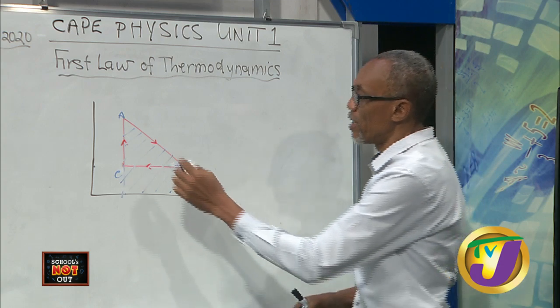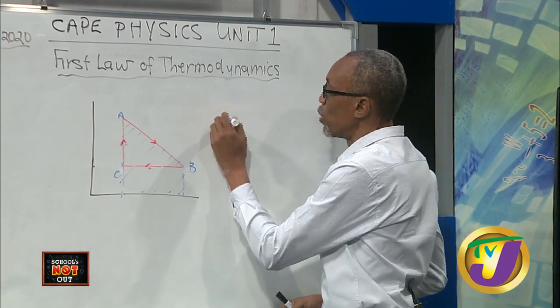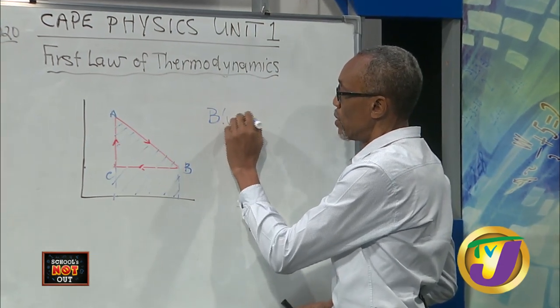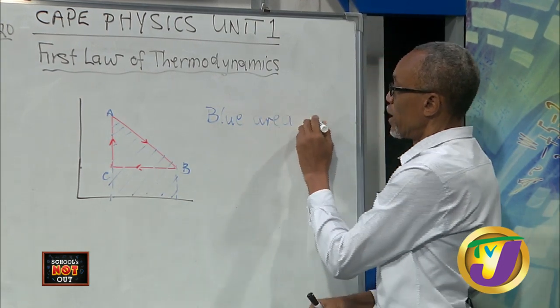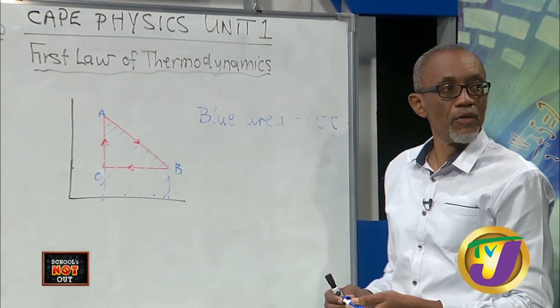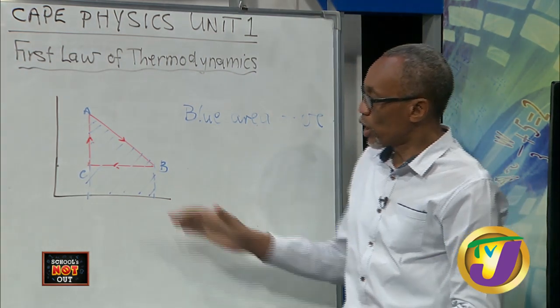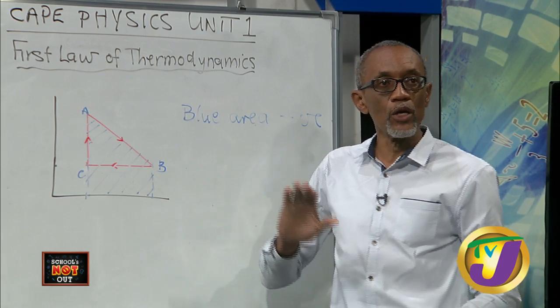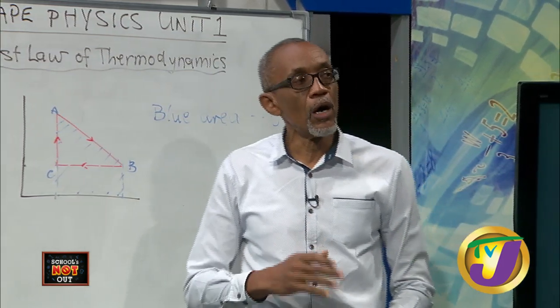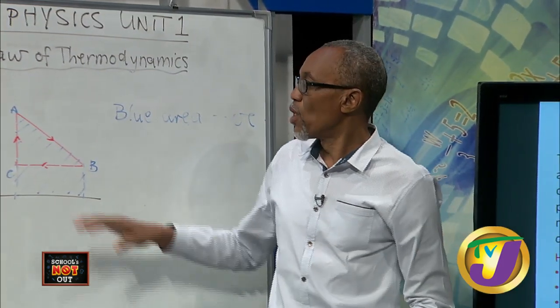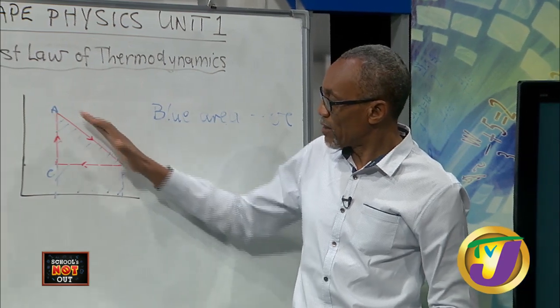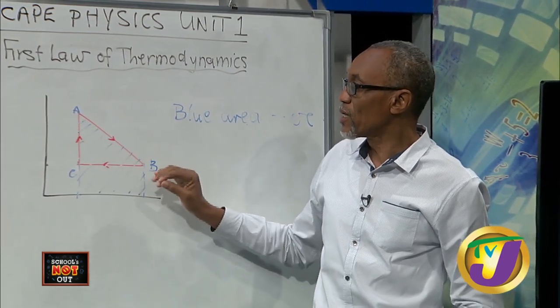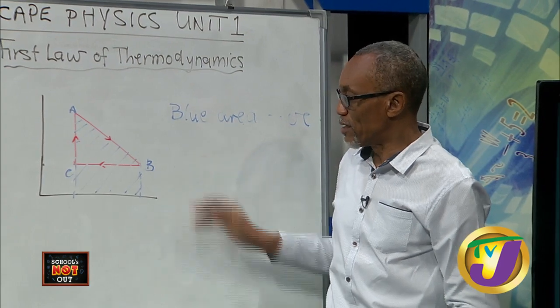All right, but this area here, this blue area, is negative. And the reason why that work done would be negative is because the gas is expanding. If we remember our sign convention, if the gas is expanding, then the work done is negative.